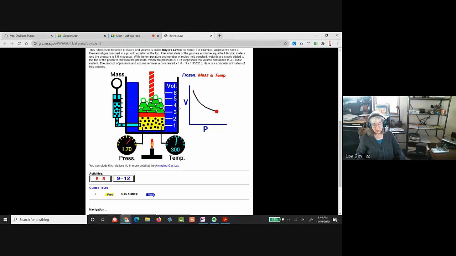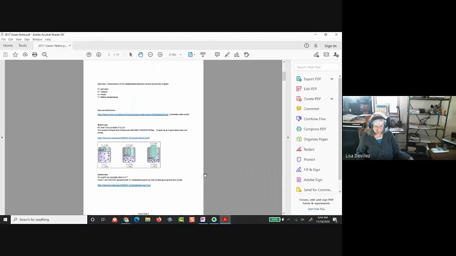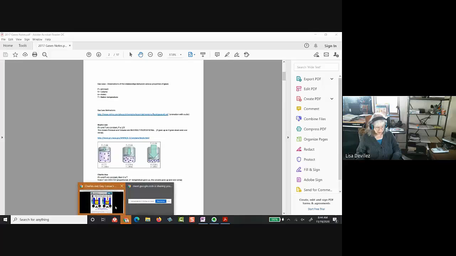So pressure and volume of a gas are inversely related to each other.